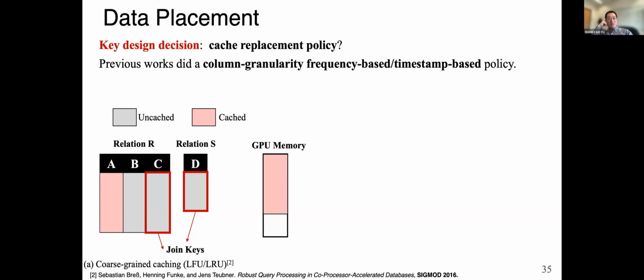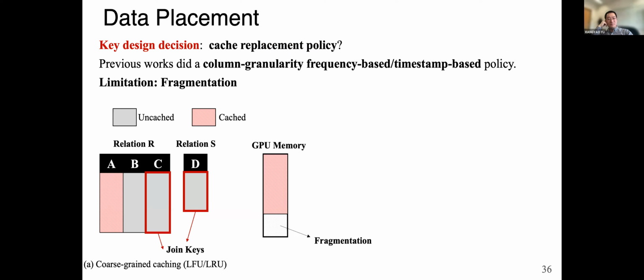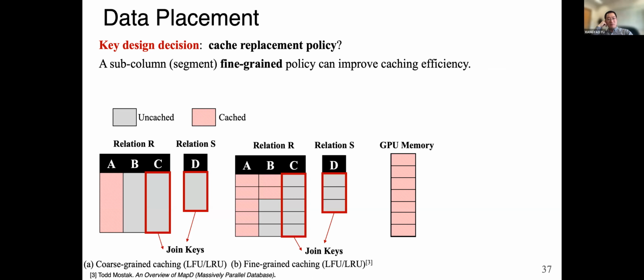But let's say you cache the entire column A, and you still have some cache capacity in your GPU, but the small space is not enough to cache another column. So you have a fragmentation issue because you're not fully using the cache capacity in GPU. This will be a waste of GPU resources.